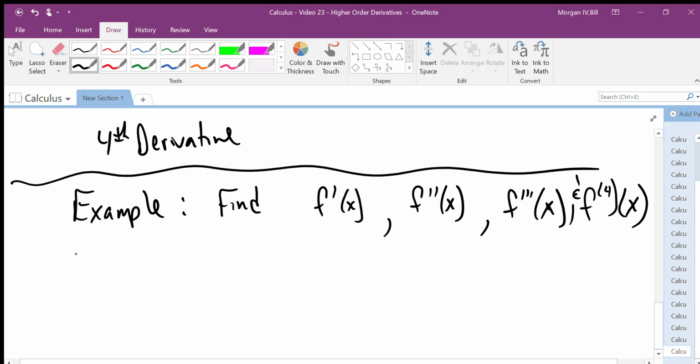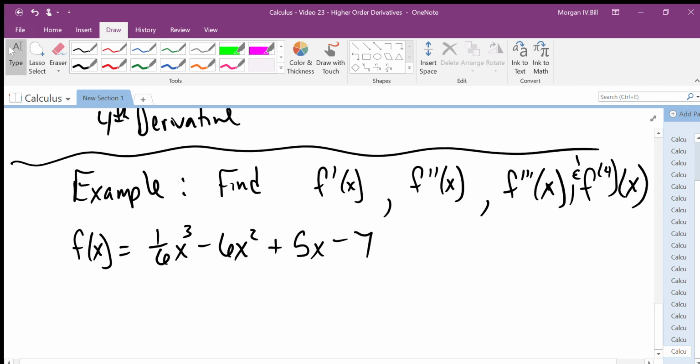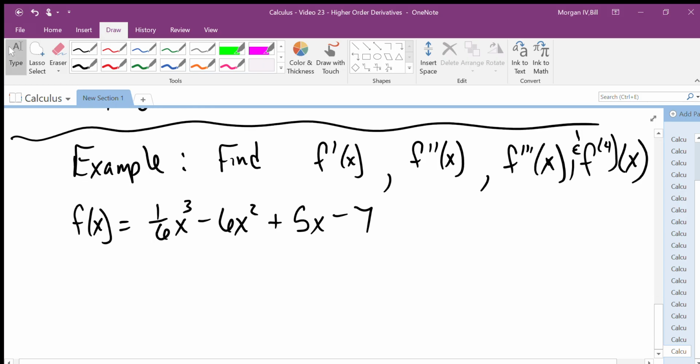Let's have our first function be f of x equals 1/6 x to the third minus 6x squared plus 5x minus 7. If you want to, pause the video, see if you can work through this on your own. I'm going to go ahead and work through it.